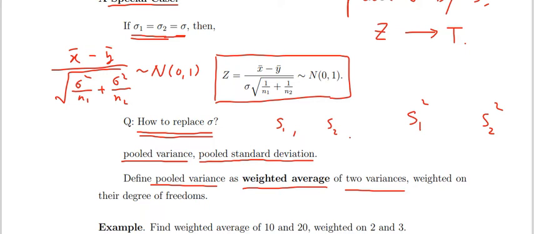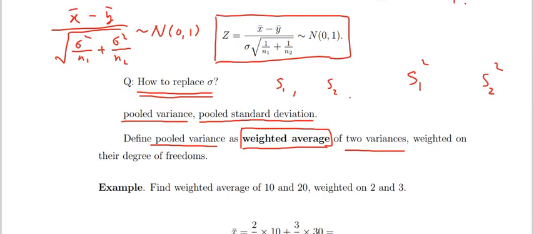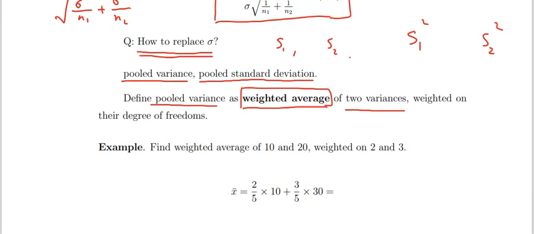So what is the weighted average? Before, for an average, we just add them up and divide by the number, right? But in a weighted average, the numbers use different weights, because the importance of those numbers is not the same.